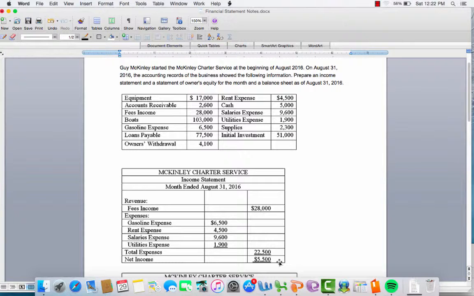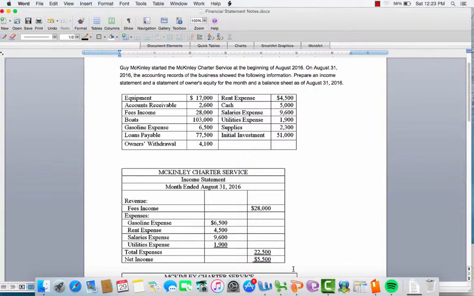If they're not making a lot of money, if they don't have a high net income, maybe they might decide against investing in it. Also, creditors, potential creditors, maybe this company's looking to get another bank loan. Well, the bank would be interested in the net income. They want to know, do they actually have enough net income or prospective net income that they're going to be able to pay back this loan or pay the interest on this loan in the future?